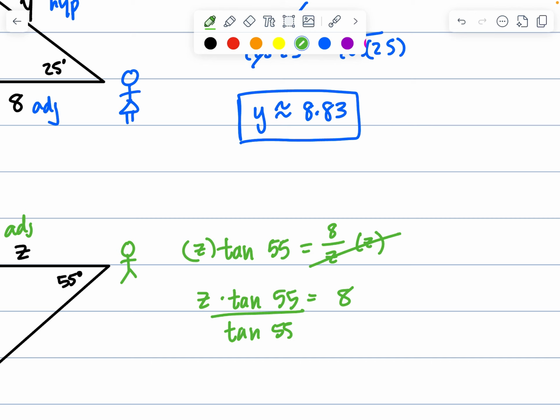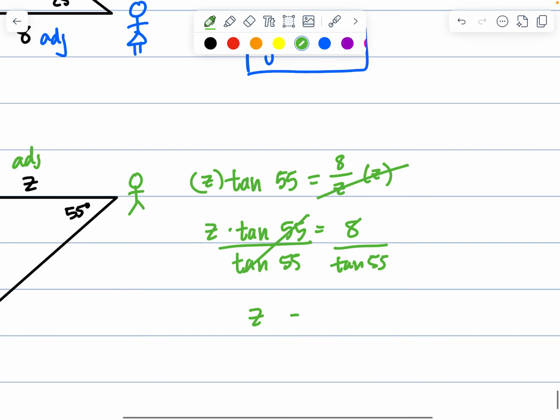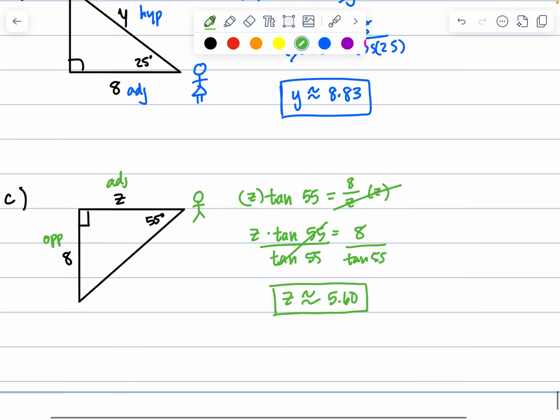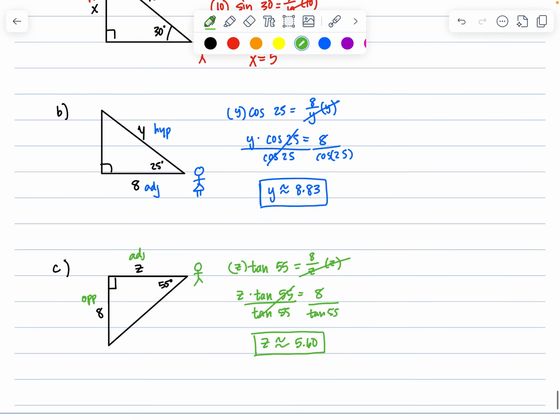Divide both sides by tangent of 55, and the tangent 55's cancel. We get Z is equal to approximately 5.60. I would definitely say go to the hundredths place just to make sure we are keeping it as accurate as possible, especially when it comes to multi-step problems.